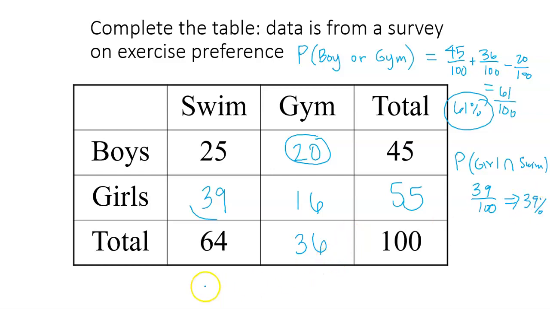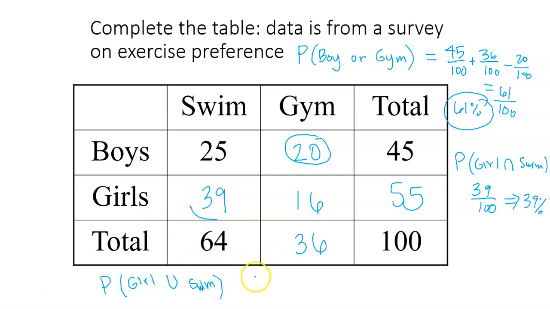What is the probability that they are a girl or, I'm sorry, or union, that they prefer to swim? So they are a girl or they prefer to swim. So when I pull out that name, it could be either one, a girl or they swim. What's the probability that this person is either a girl or they prefer to swim?